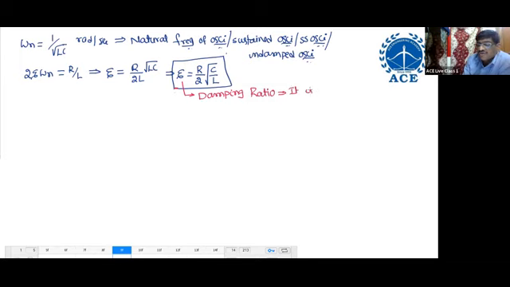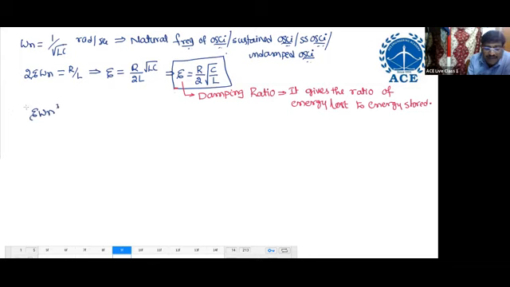Energy lost to energy stored. So zeta omega n is called what?